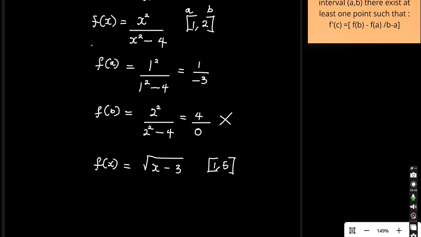If I test for f of A, it will be equal to the square root of 1 minus 3, and that's going to give me the square root of negative 2, which is 2i, and this is a complex number, not a real number. So this will be said to be undefined. If I put in 5, f of B is going to be defined, but f of A won't be defined. So this function will not satisfy the mean value theorem.